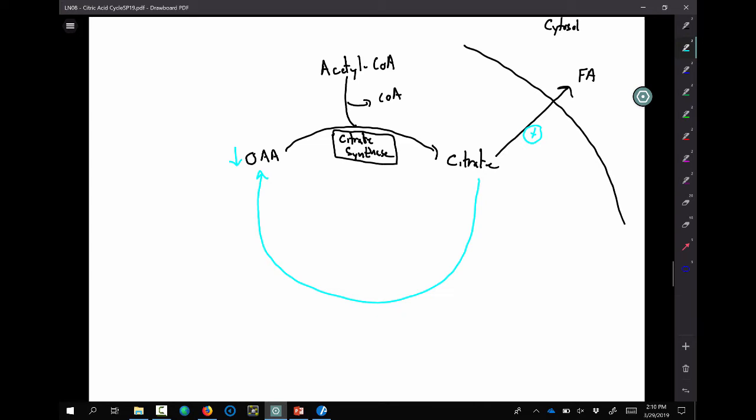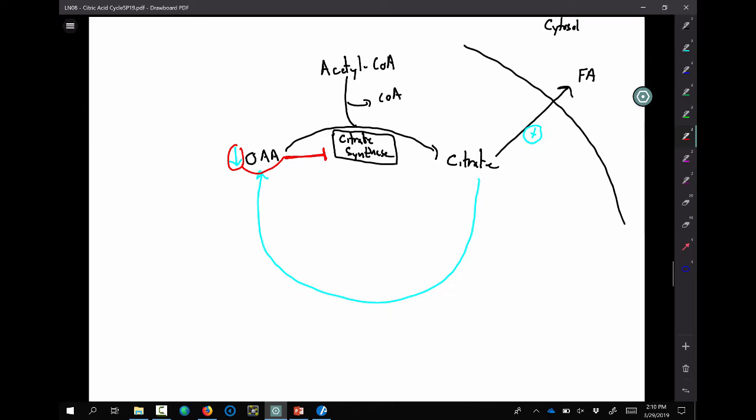Now, if you remember citrate synthase, one of its primary modes of regulation is just based off of substrate availability. And oxaloacetate concentrations are going down, so that will then lead to the inhibition. I'll go ahead and draw it like this. Don't think that that's allosteric, because it's not. Oxaloacetate is not allosterically inhibiting citrate synthase, but the fact that this is going down is going to lead to an inhibition of citrate synthase.